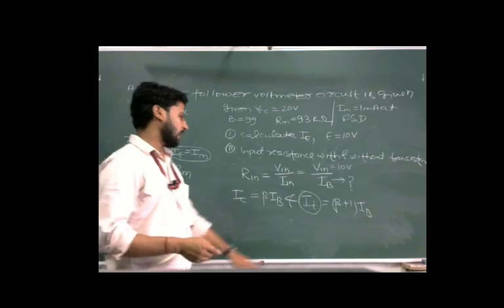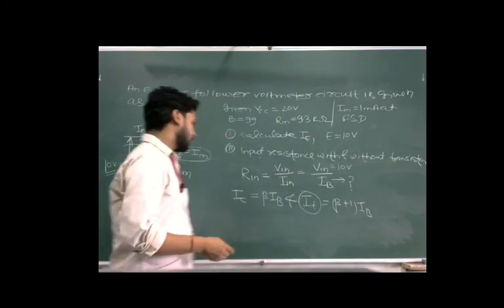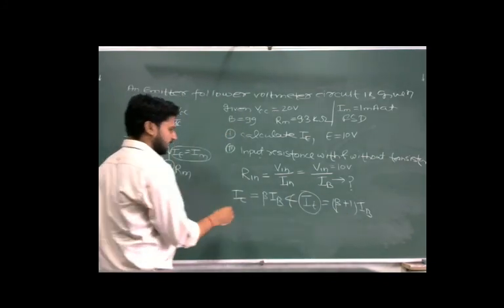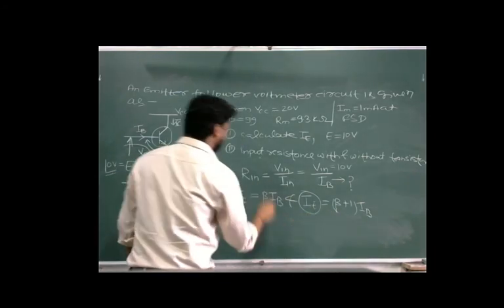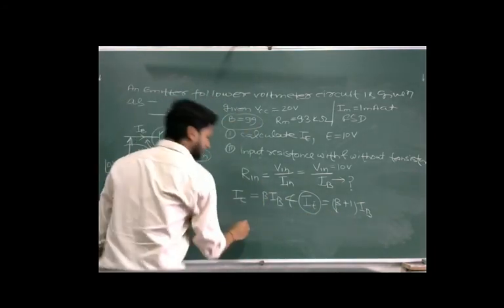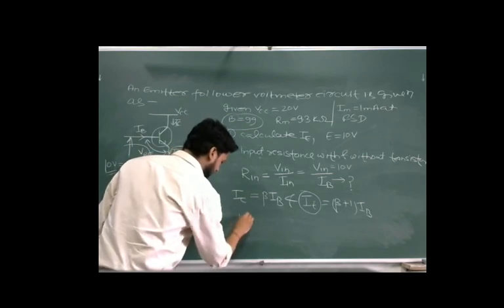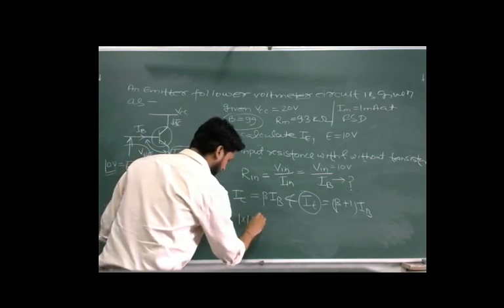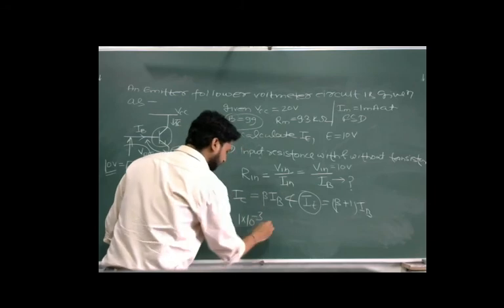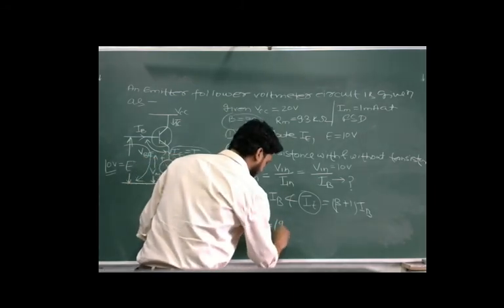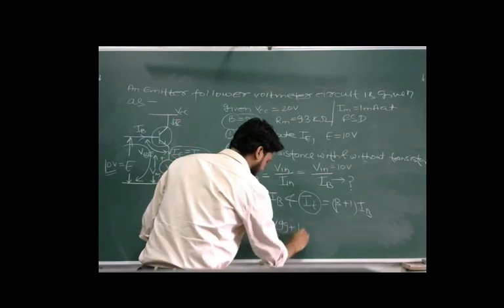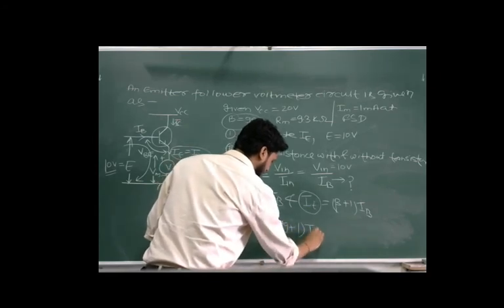So what will be the value of IB? IE is 1 milliampere, value of beta is 99 given here. So IE is equal to 1 milliampere is equal to 99 plus 1 into IB.